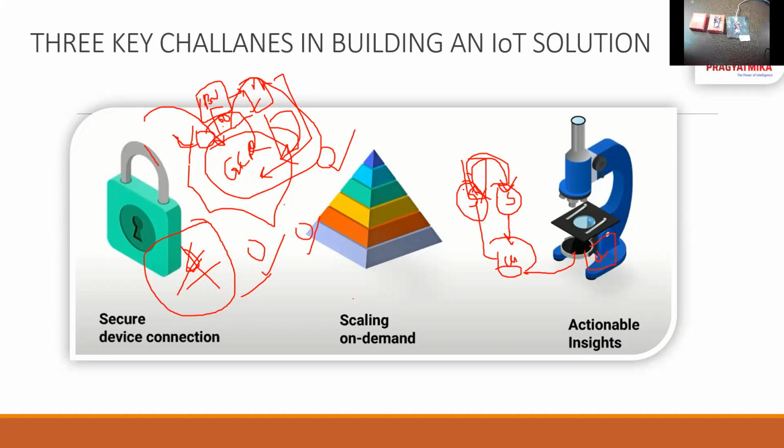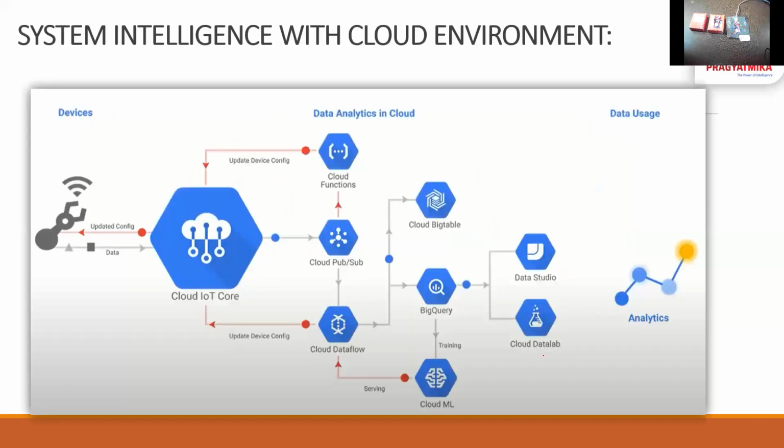Even though the right thing is that it is day and the light should be turned off, the spoofed sensor can send wrong data, and the light could be turned on. So it is possible. That's why these three things, including actionable insights, come from your secure device communication actually. So these three concerns remain always whenever you are designing an IoT solution. And while we are implementing the IoT security architecture, we have to consider all of these three things always.